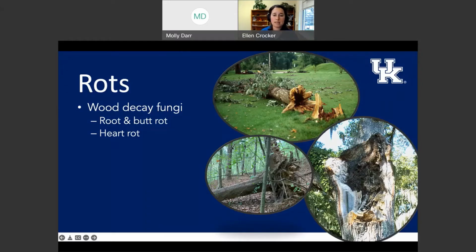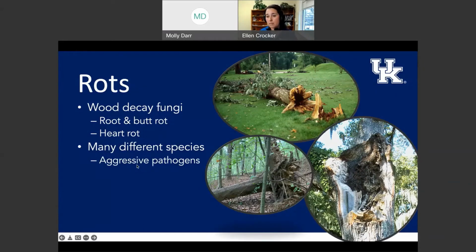There are many different species of fungi that can cause rots, and these would range from being aggressive pathogens that could cause more damage more rapidly, to weak pathogens. They might gradually impact the tree over time, but if the tree is really stressed, could act as a nail in the coffin, to more of those saprophytes and things that are just breaking down dead tissue.